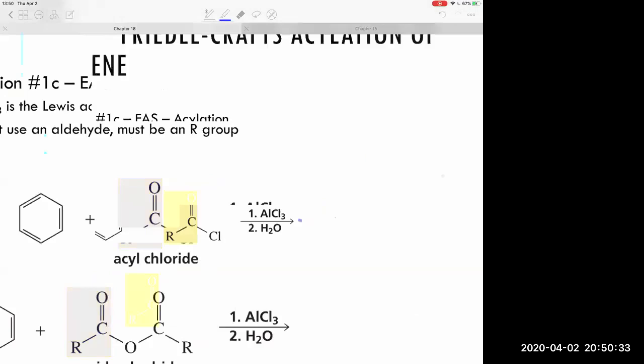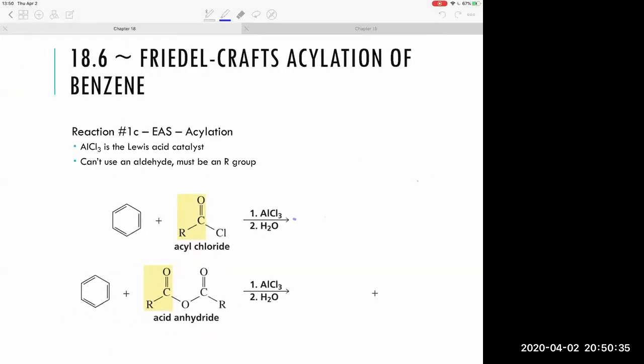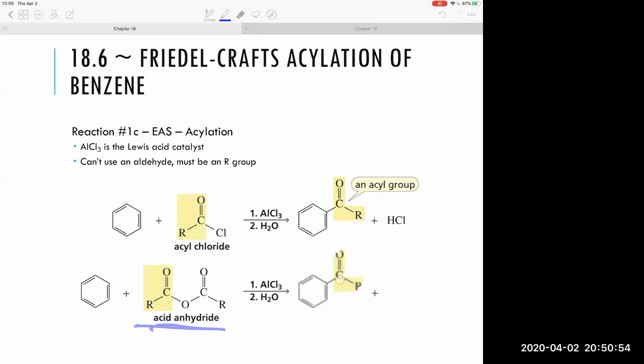But again, these are just substitution reactions. So in terms of the product, let's just see what we're going to get. Here is how we can get an acyl group. And then we could do the exact same thing with our acid anhydrides. Remember that these behave almost identically to the acyl chlorides. They're also going to get an acyl substitution.